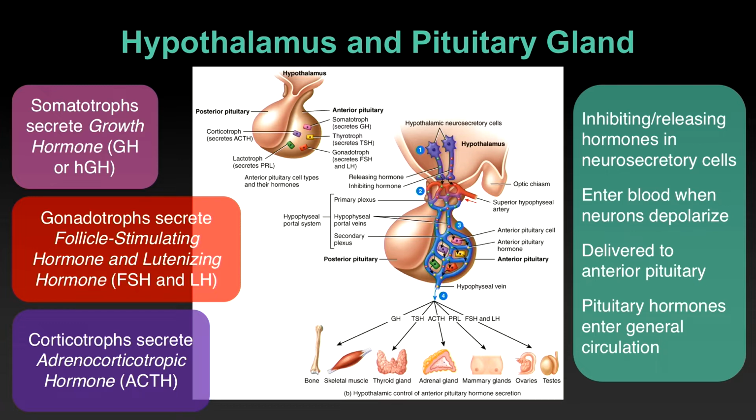And so if you have this down, these are the hormones that are released from the pituitary, but the signal coming from the hypothalamus is a little bit different. Growth hormone responds to growth hormone releasing hormone, or it responds to growth hormone inhibiting hormone. Now the names make a bit more sense, a bit easier to remember.